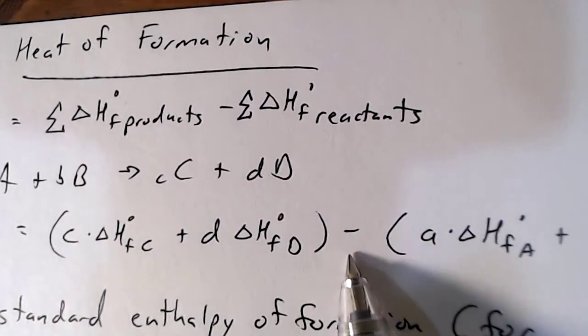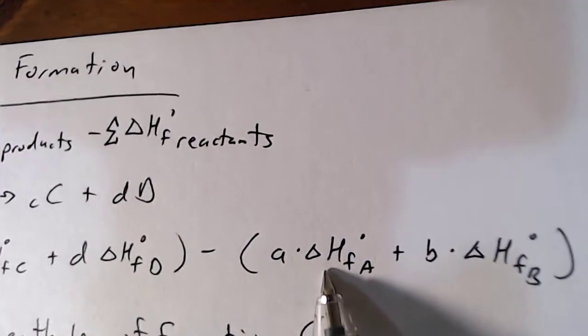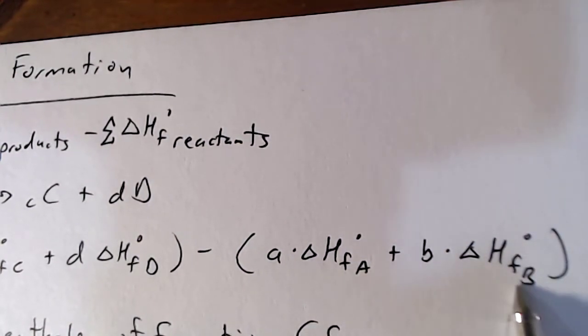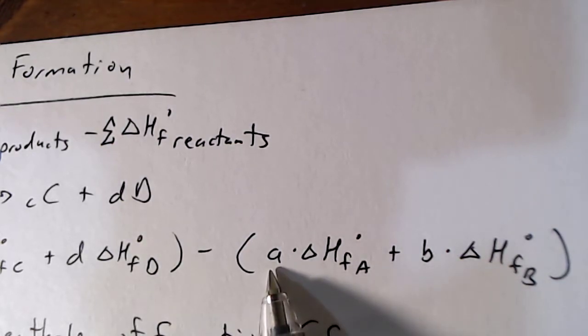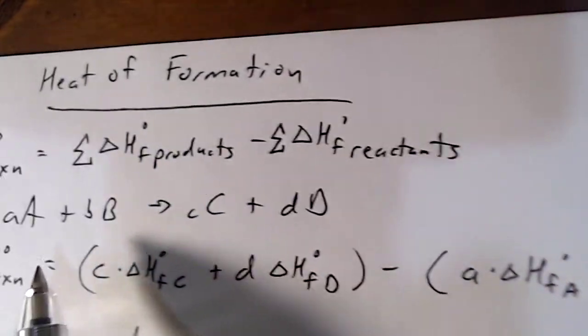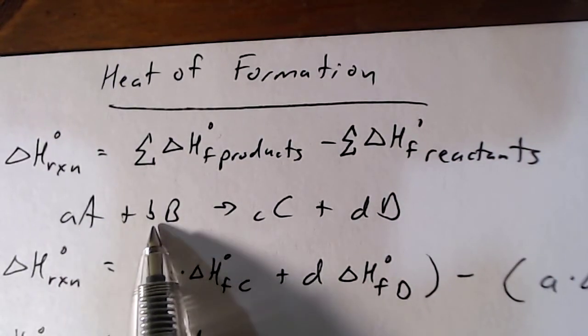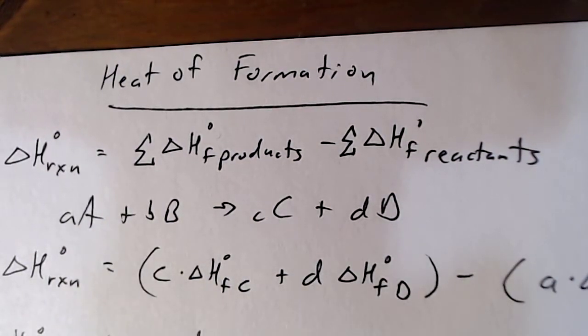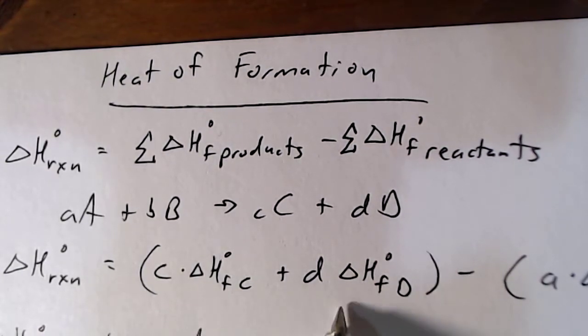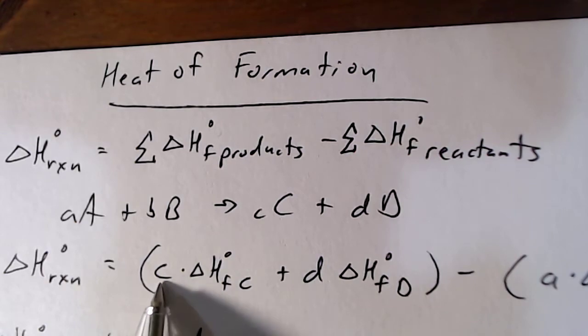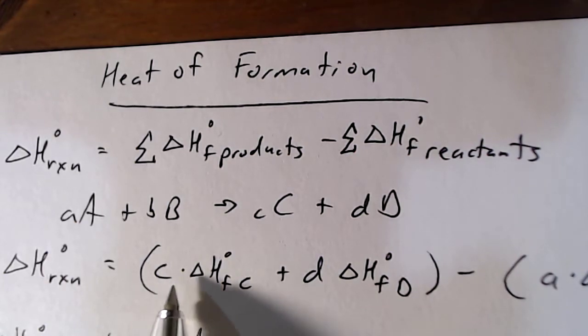And then you subtract the heats of formation of all the reactants when those are multiplied by the coefficients in the balanced chemical equation as well. There you go. You just plug in values, making sure it's products minus reactants and accounting for the coefficients by multiplying those versus the heats of formation.